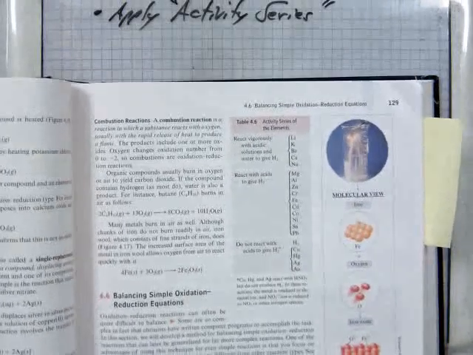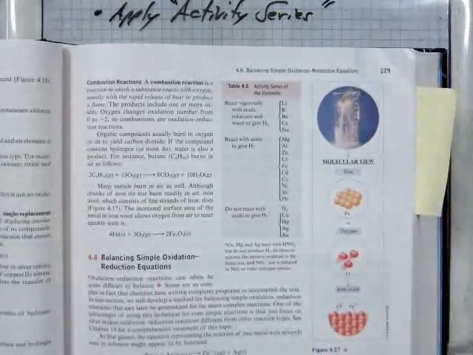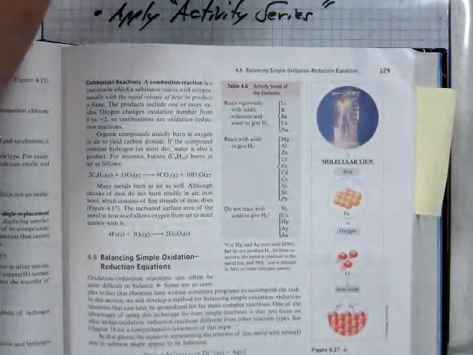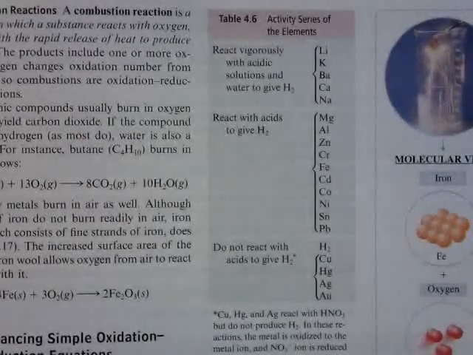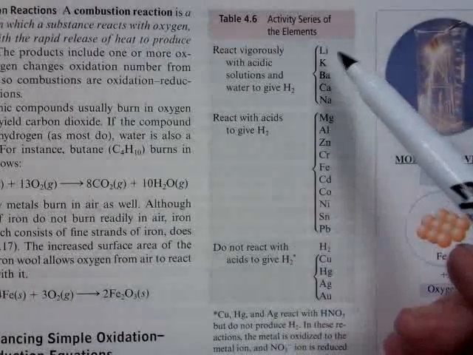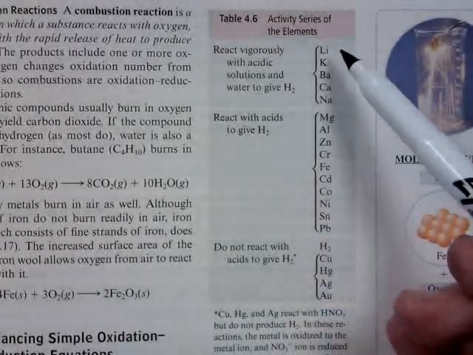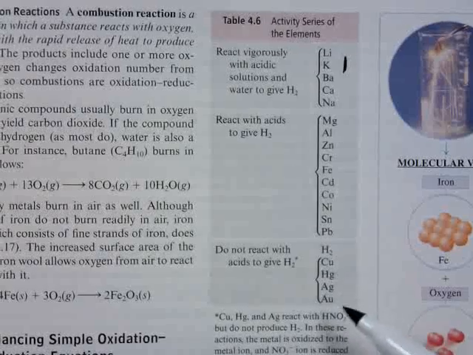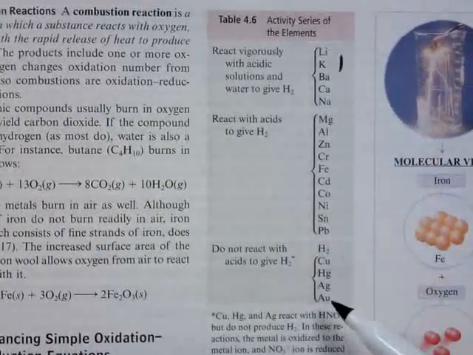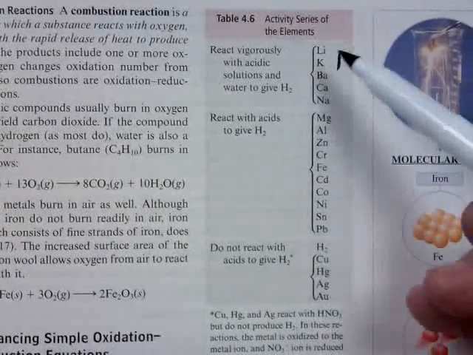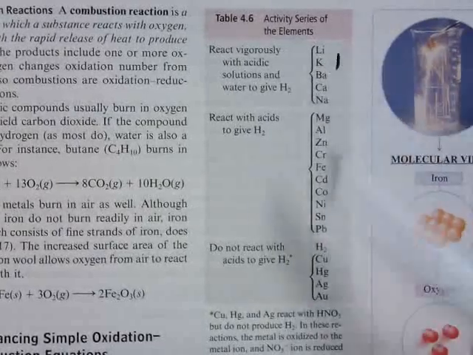But what you should know is that in a typical single replacement reaction, lithium being up at the top of this will replace any element below it, and potassium will replace any element below it in the reaction, but not lithium, and so forth and so on.